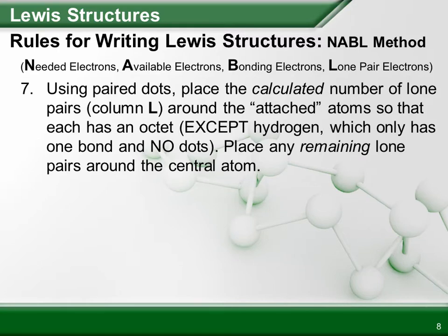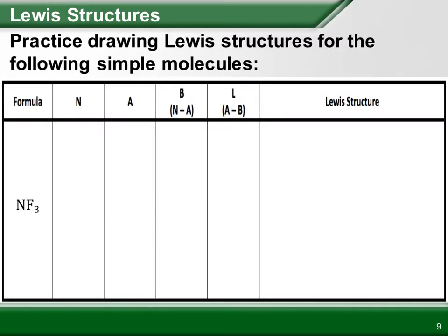Once we have placed all of our lone pairs around the attached atoms, we will place any remaining lone pairs around the central atom at that time. Alright, so we'll actually get to see those rules in practice, and then they'll start to make a little bit more sense as we draw Lewis structures.